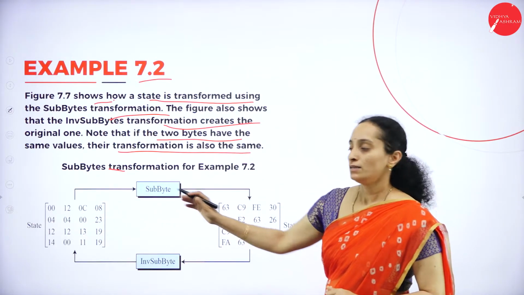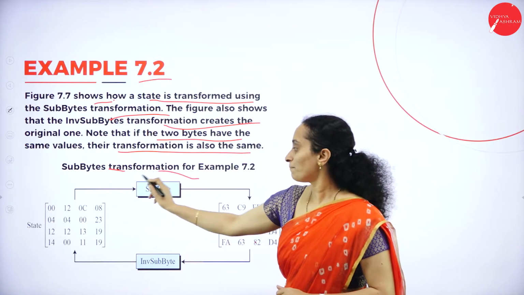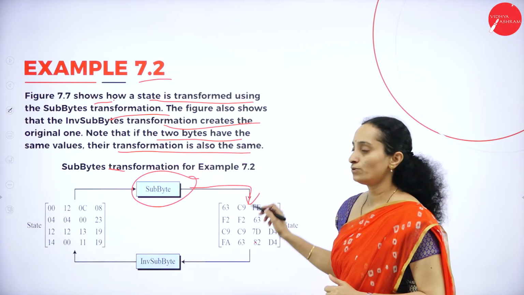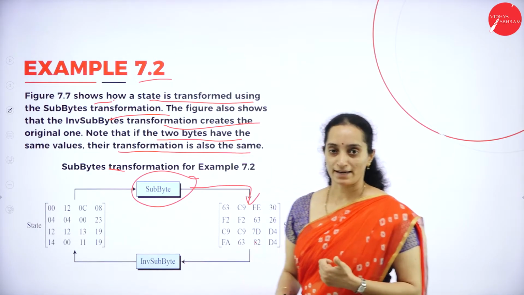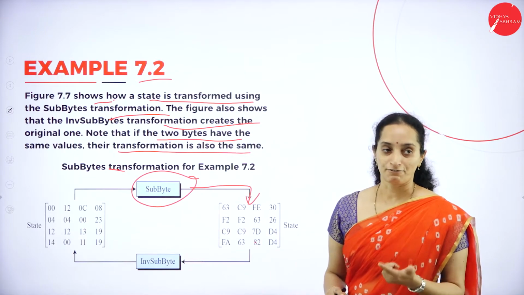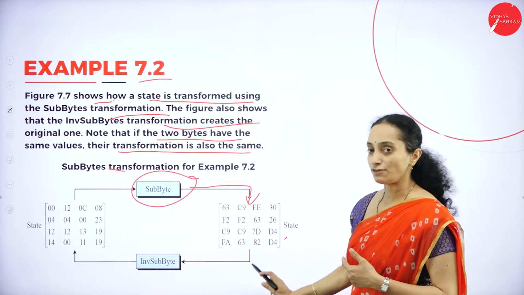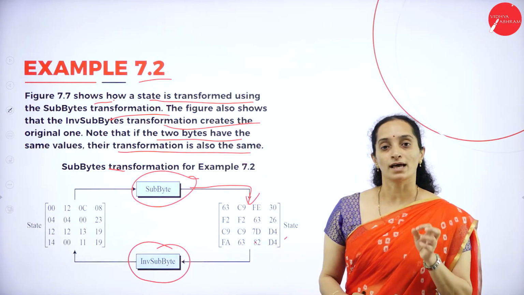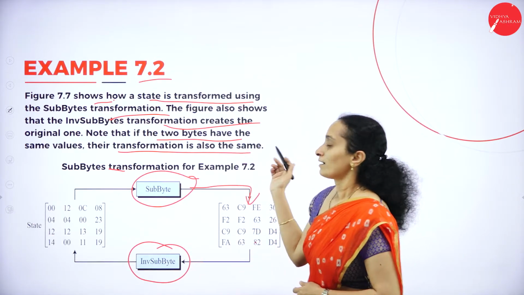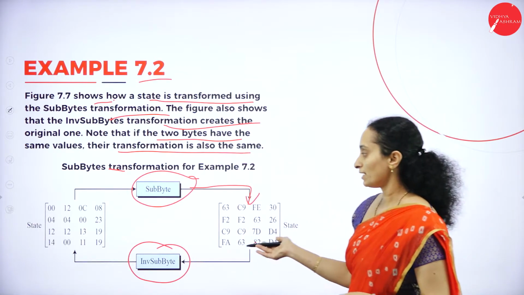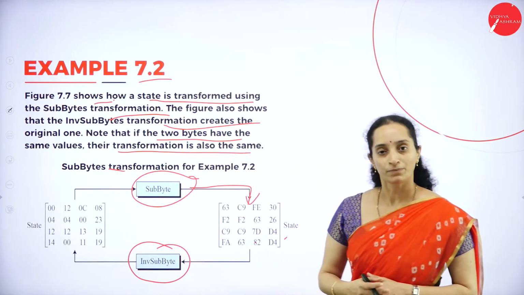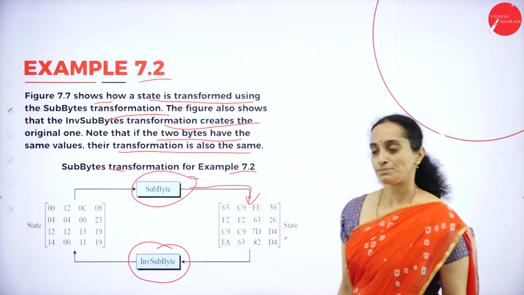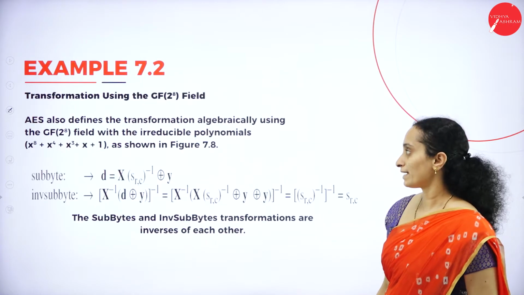This will be used by the sub byte function to transform it to the cipher matrix. This represents the ciphertext matrix. So from ciphertext to plain text, the transformation uses the invert sub byte function to convert this to the plain text. So here it is shown in the example diagram.